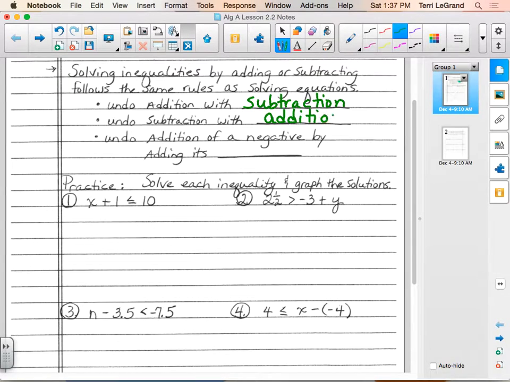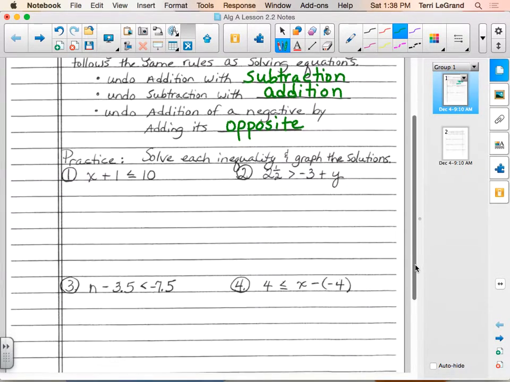Addition and subtraction are inverse operations. They undo each other. Remember though, if we have a negative being added, we don't have to try to subtract. We can just say add its opposite. So if there's a negative number being added to the variable, we'll just add the opposite of that negative to undo it.